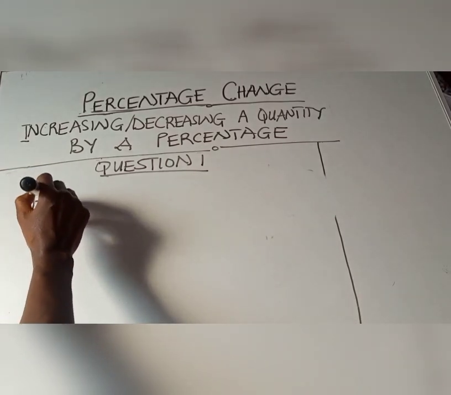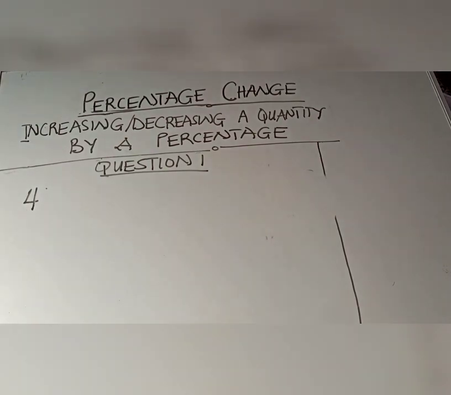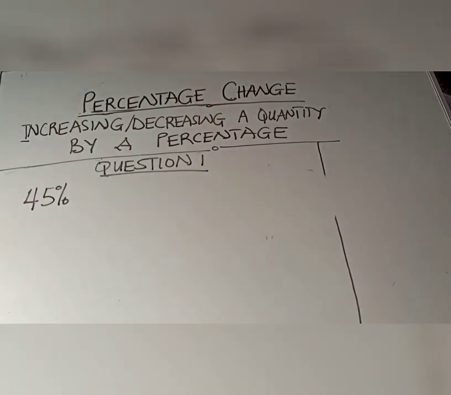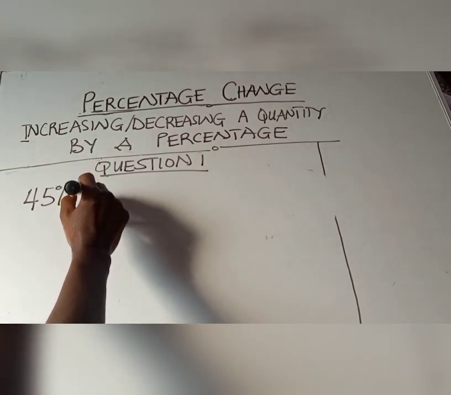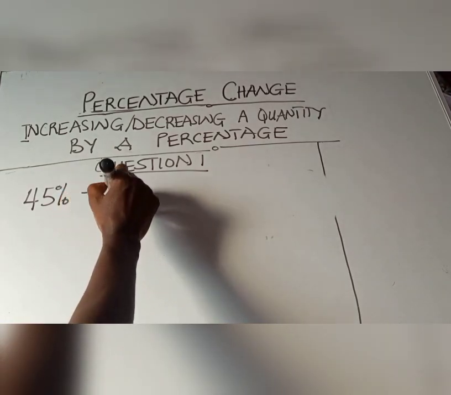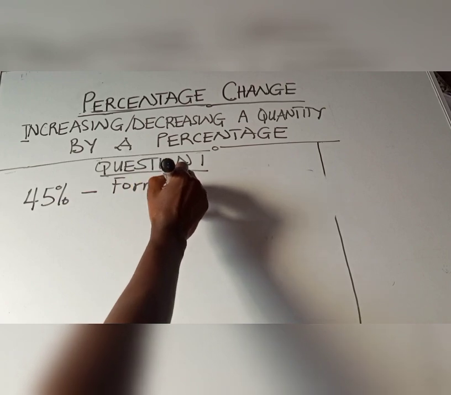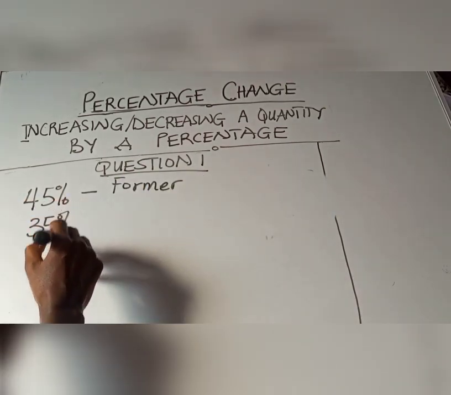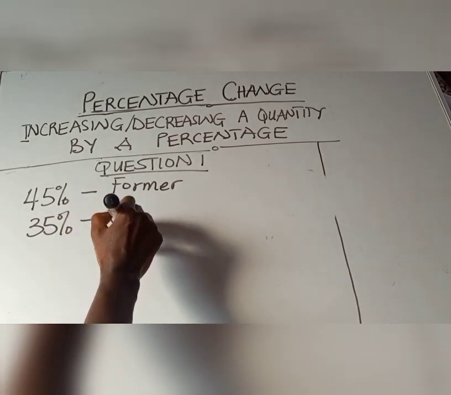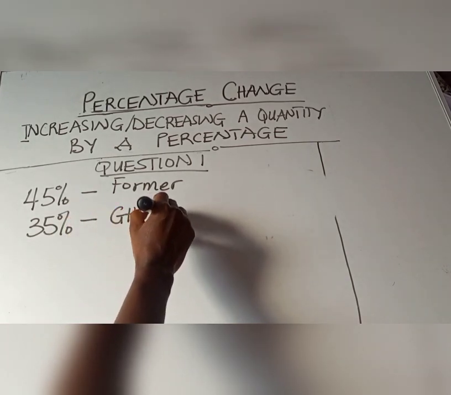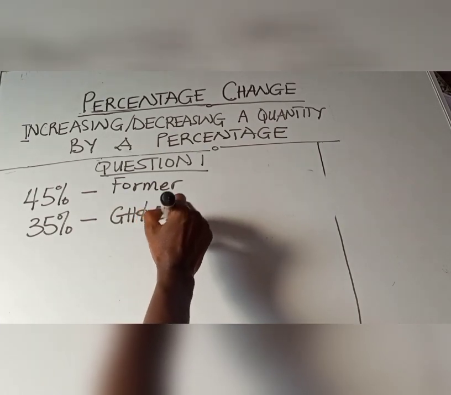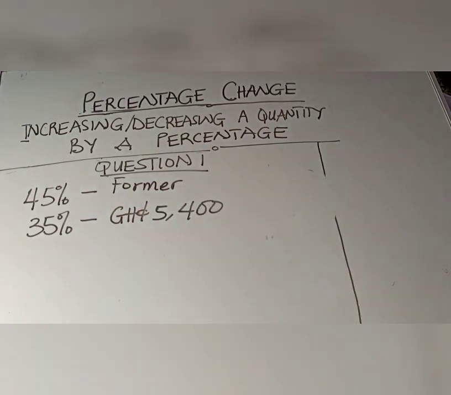Now they're saying that the former percentage in duty was 45%. Okay, 45% for the former. And then the new percentage in terms of duty, the amount paid, was 5,400 cedis.